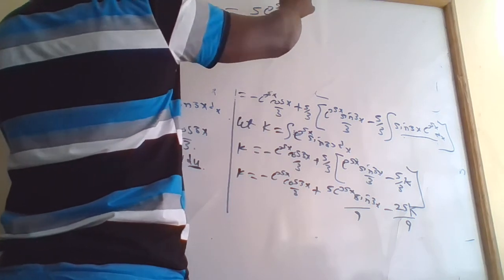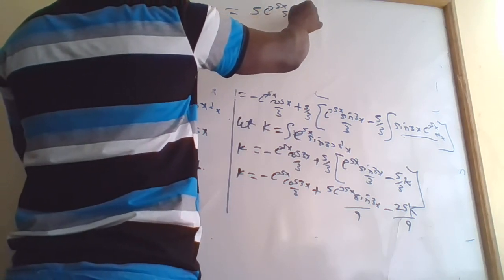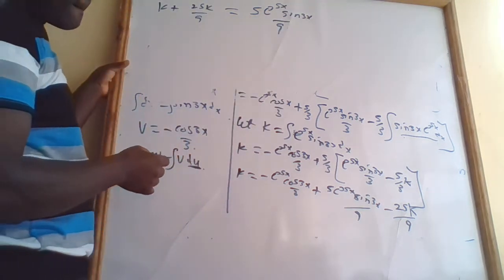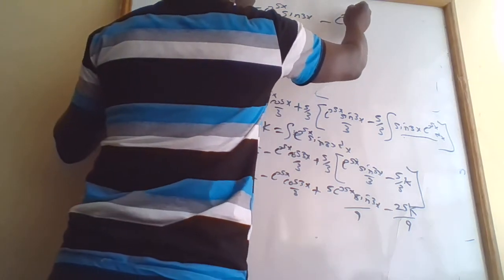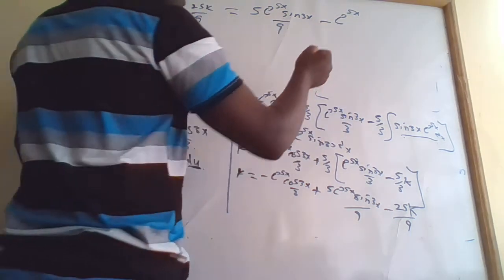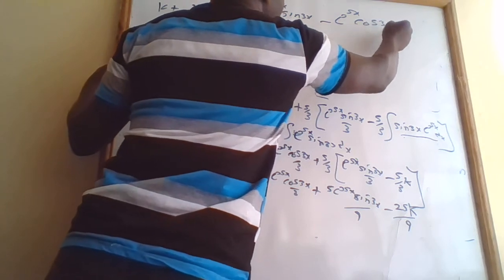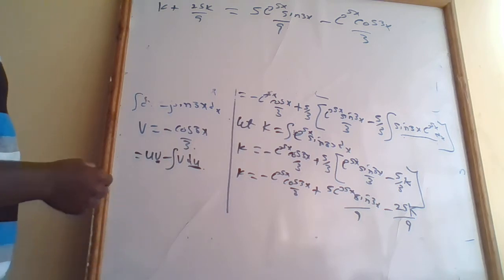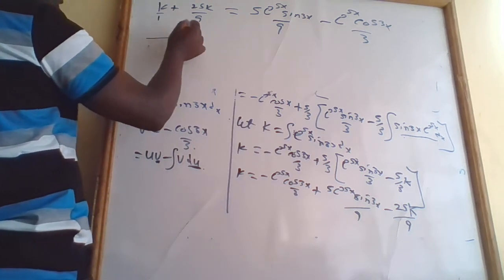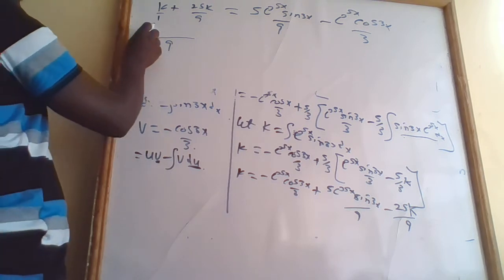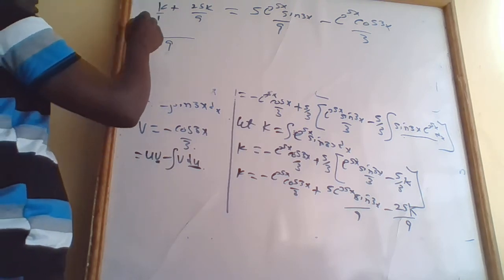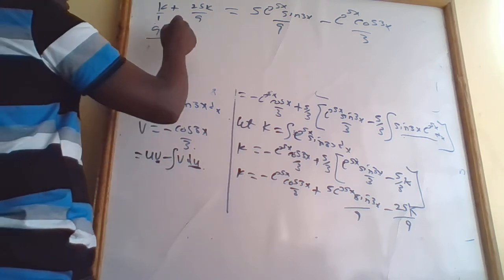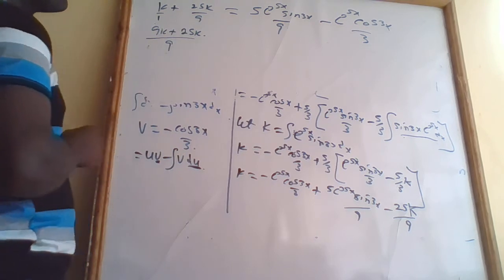This equals, let me start with the positive, 5e^(5x) sine 3x all over 9 minus e^(5x) cos 3x all over 3. So the LCM here is 9. We have 9k plus 25k.